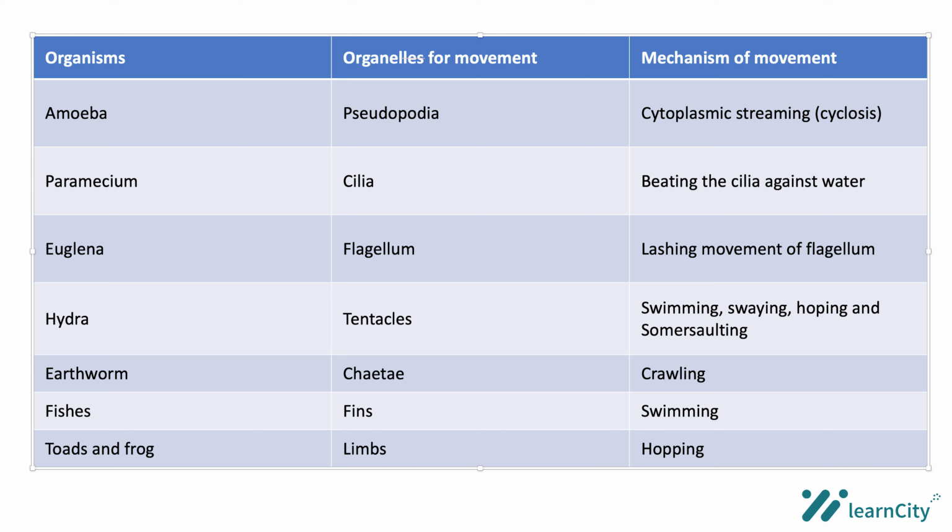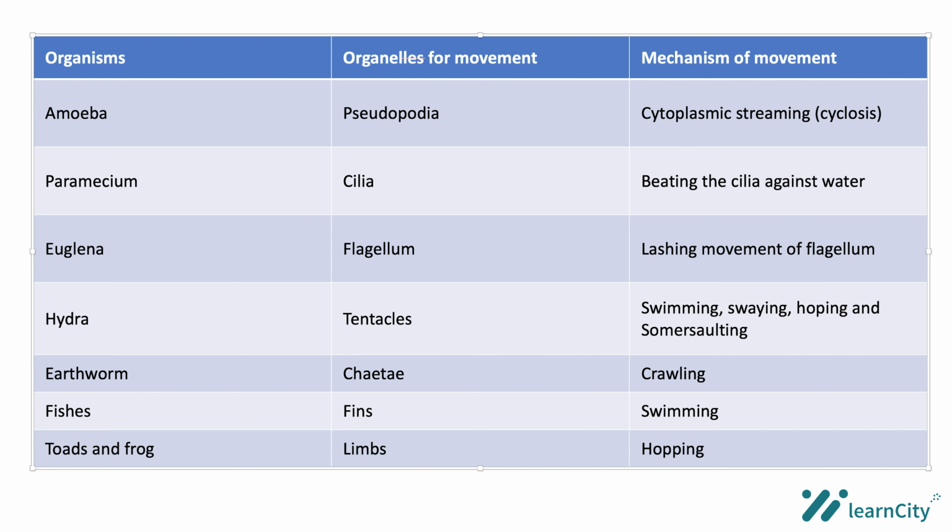Another organism is paramecium. Now paramecium possesses cilia. That is the organelle that it possesses for movement, and the mechanism for movement is beating the cilia against the water. So the cilia is just like a thread-like structure. So the paramecium basically beats the water or uses the thread to drag itself or move itself along the water.